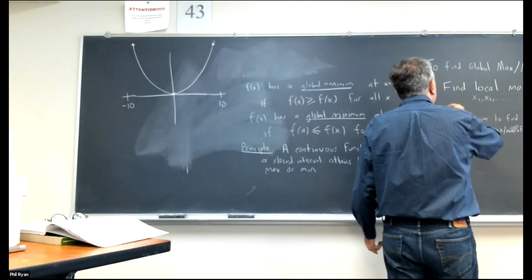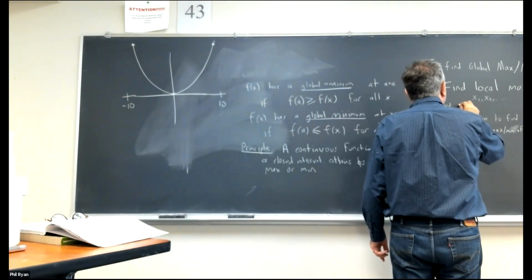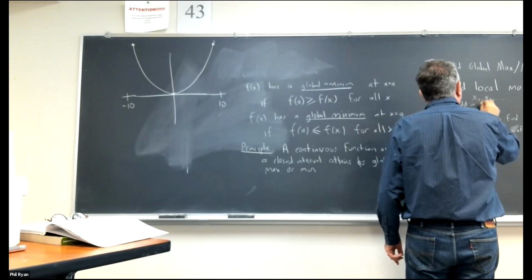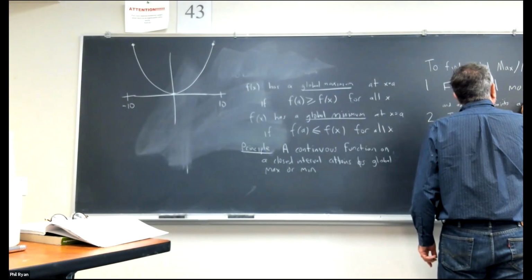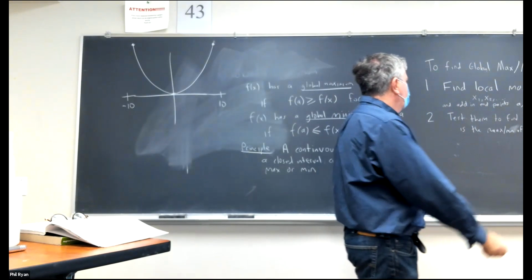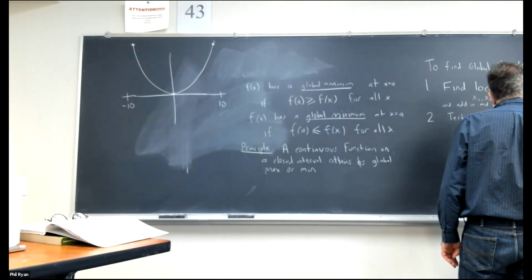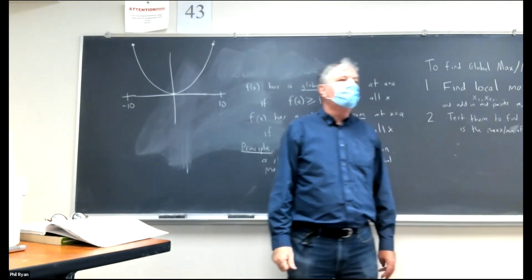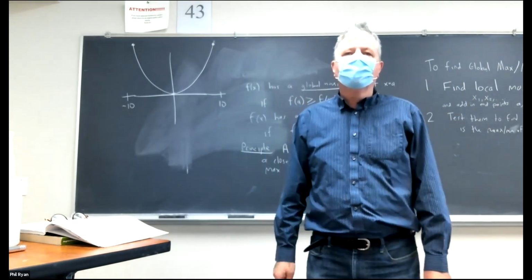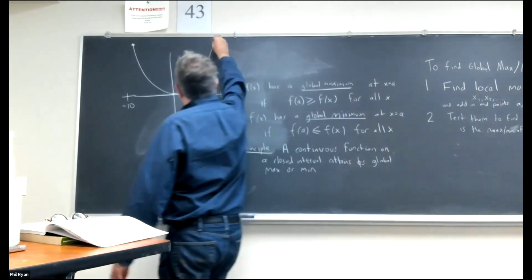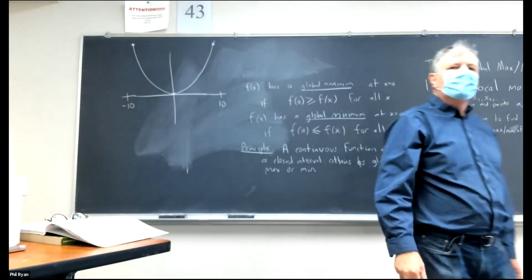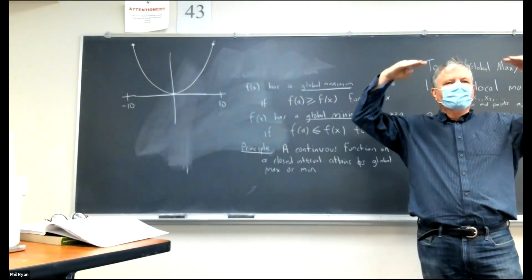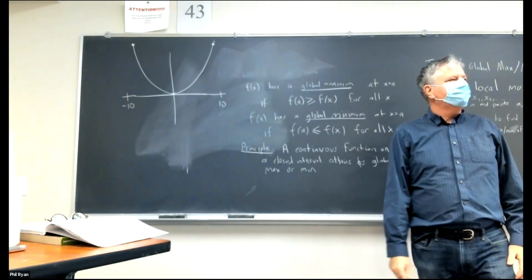Find the local maxima and add in endpoints a and b. And to this list we also add in f of a and f of b. So those are both global maxes? Right, in this problem it has two global maxes. You're allowed to have more than one global max if it's the same value.